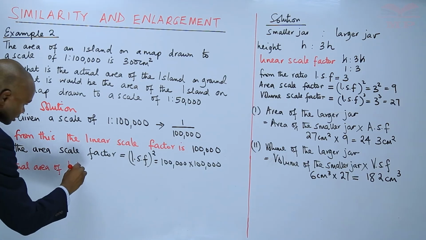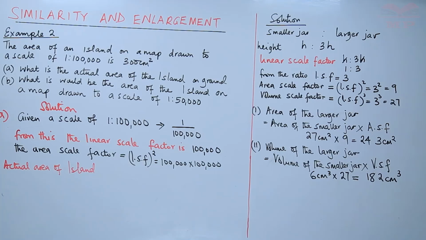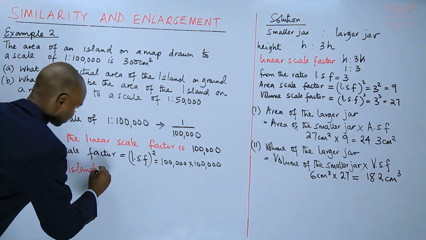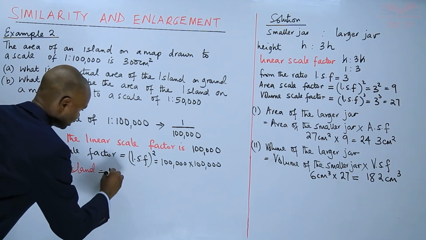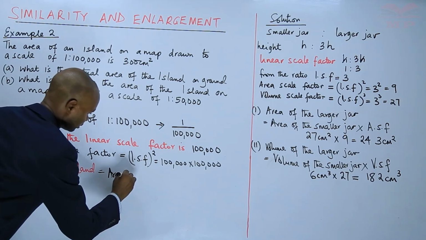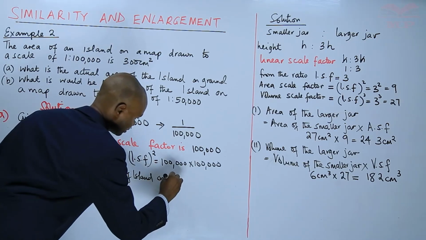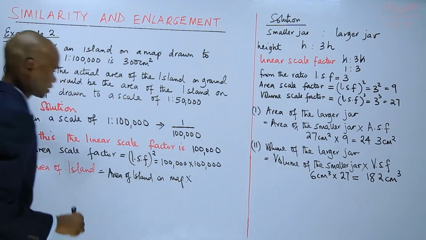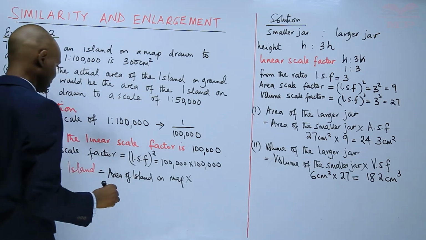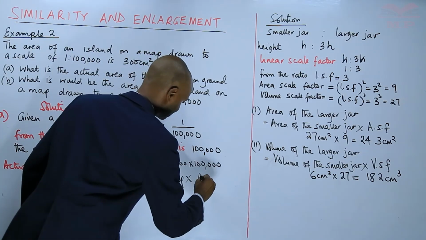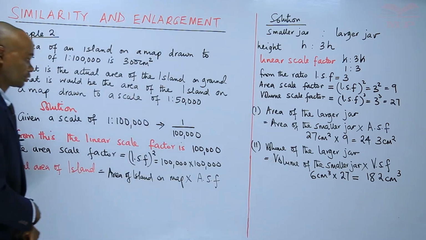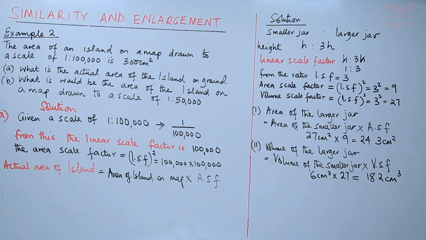of island. I'm interested now in the actual area of the island, learner. So the actual area will be equal to the area of the island on the map times the area scale factor.